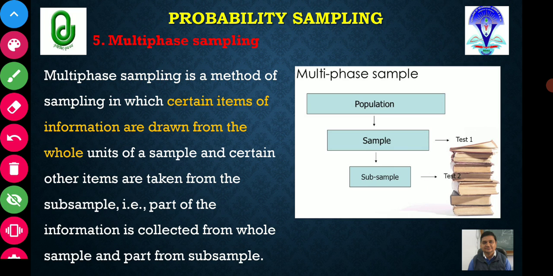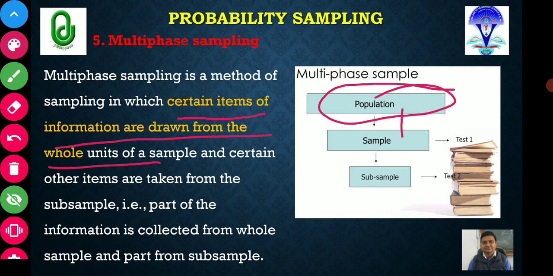Then another one is multi-phase sampling. Here certain items or information are drawn from the whole unit. Suppose this is the population, and from the population we have taken one sample, and from the sample we have taken a few observations, and then from the sample we have chosen a subsample, and again from the subsample we take a few observations.